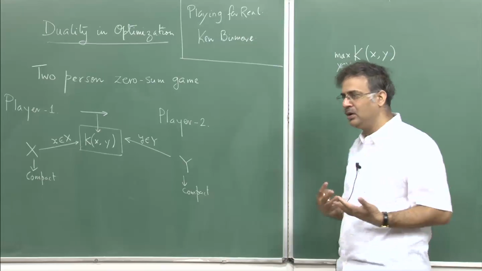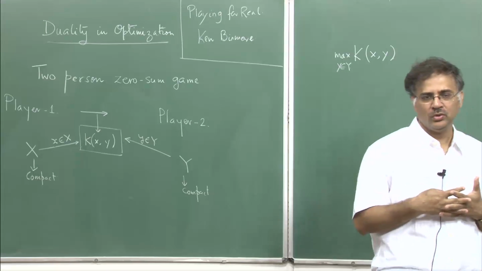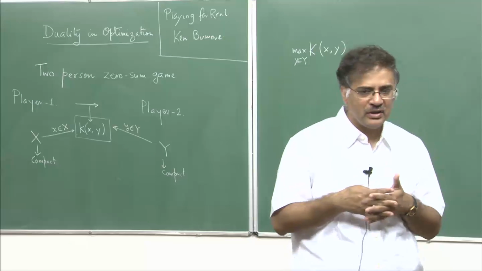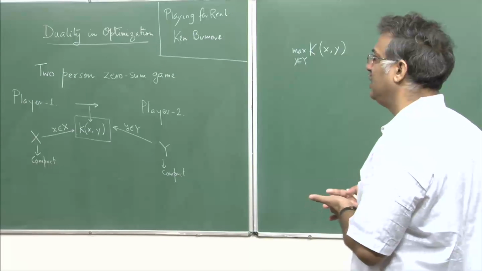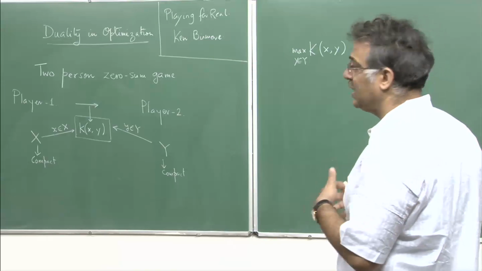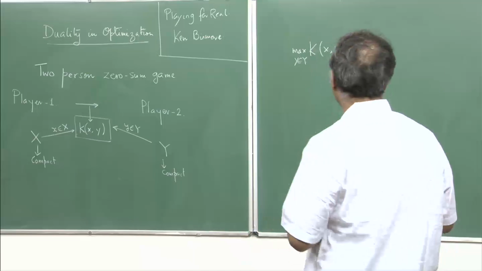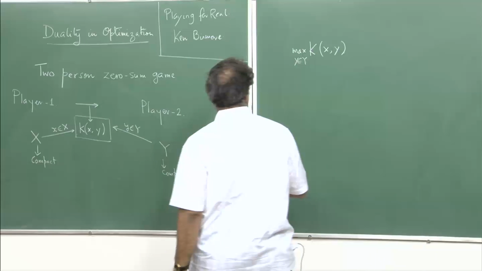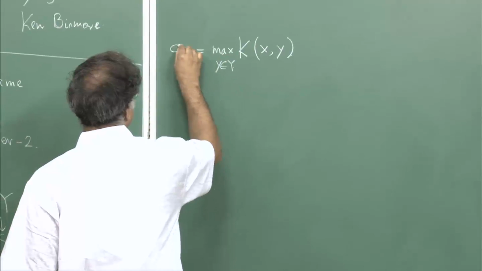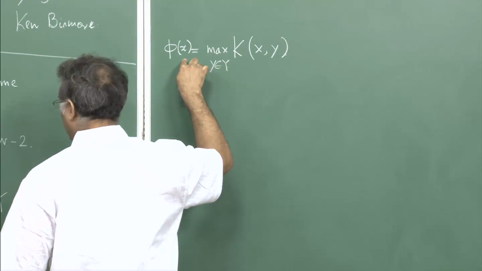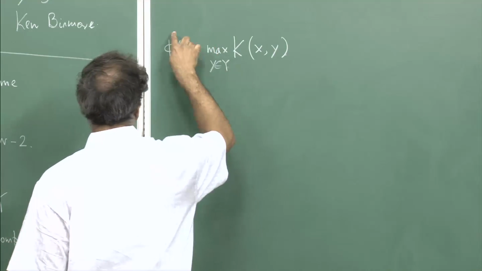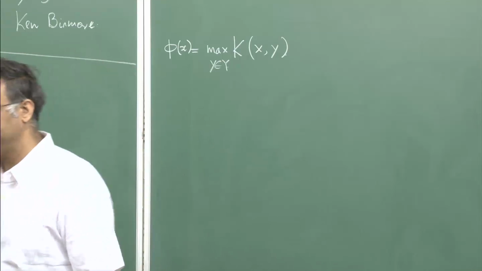So, player 1 wants to know beforehand what is the maximum loss of money he can have once he has played the strategy x, which I call phi x. So, for every move x in X, he is noting the maximum loss.